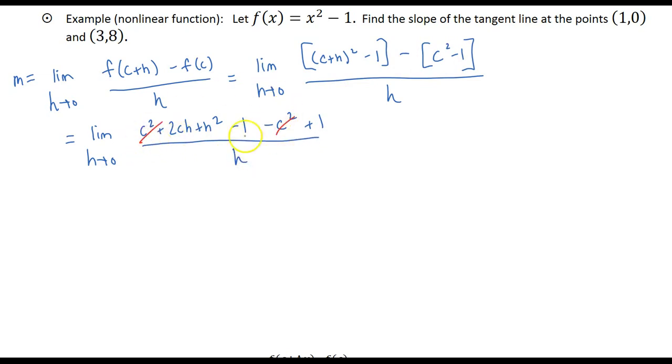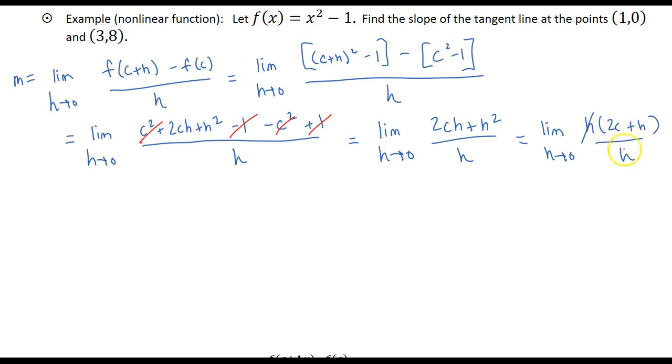The c squareds go away, the 1's go away. So I have the limit as h approaches 0 of 2ch plus h squared divided by h. And again, hopefully we'll be able to cancel out that h. So I can factor it out. That leaves me with 2c plus h.